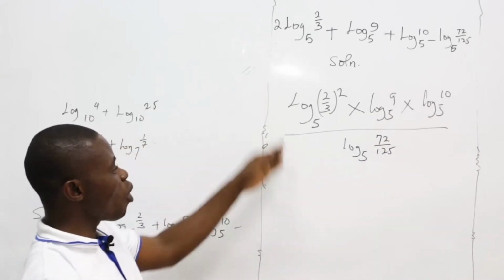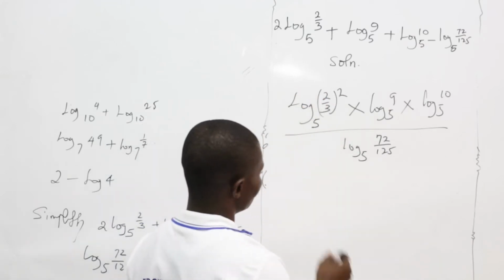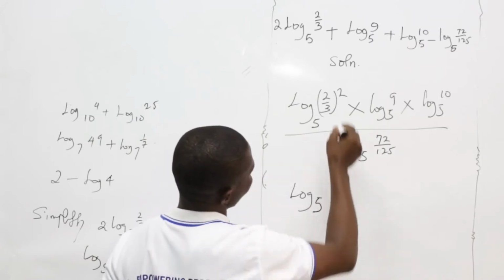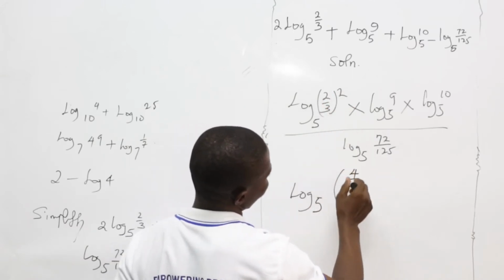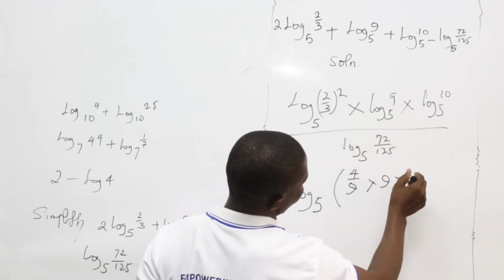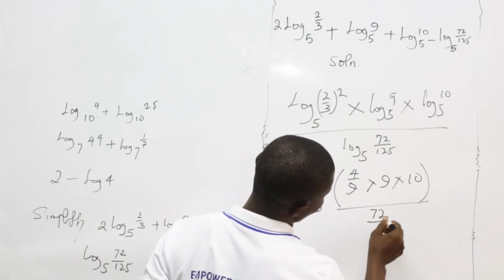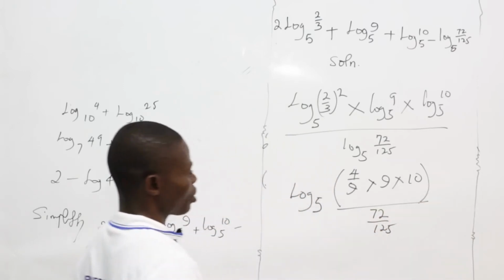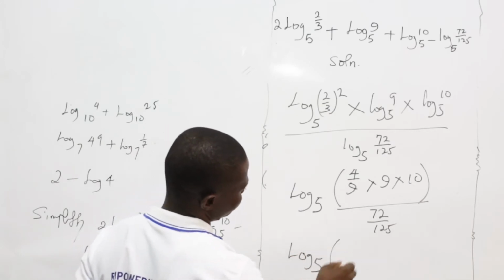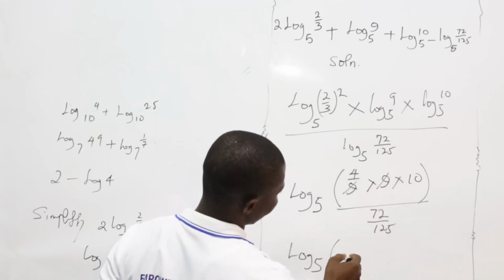Now, if you watch all the bases of the logarithms given, they are all the same. So you just choose one. And interpret this. This is 4 over 9, multiplied by 9, multiplied by 10, divided by 72 all over 125. Okay. You have log base 5. 9 here, 9 here.